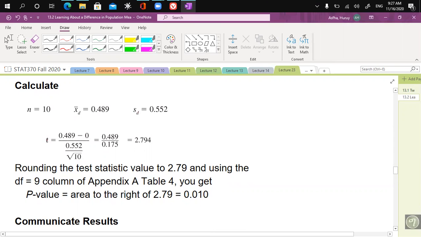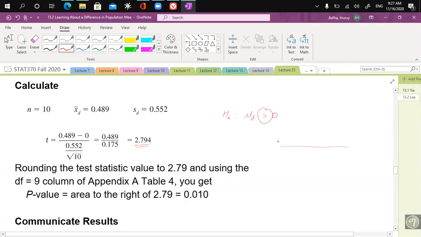So we find t equals the mean minus 0 over the standard error of the differences, and then we have this.